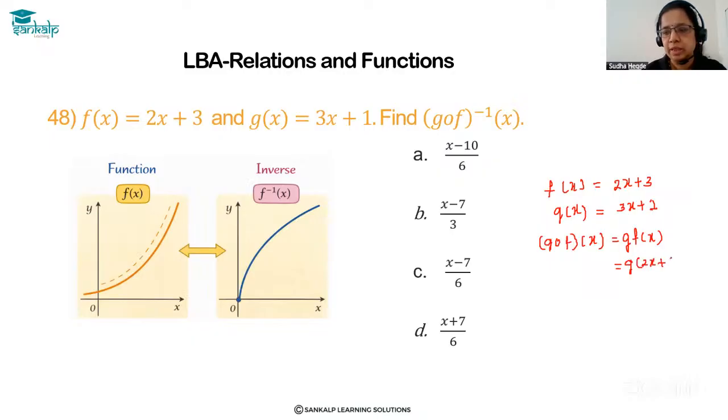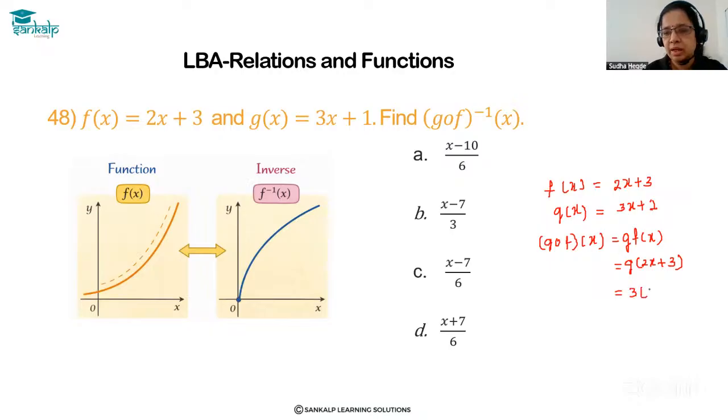So g of 2x plus 3. How do you write g of 2x plus 3? G of x is 3x plus 1. In place of x, you replace 2x plus 3.